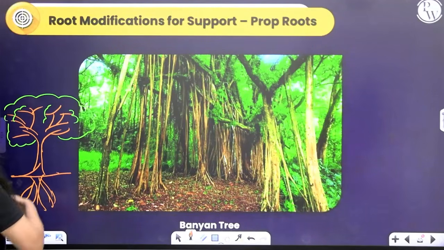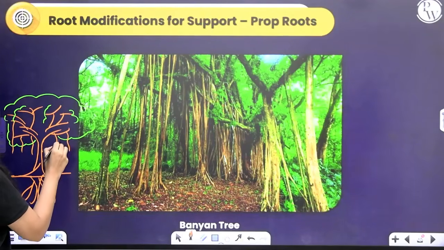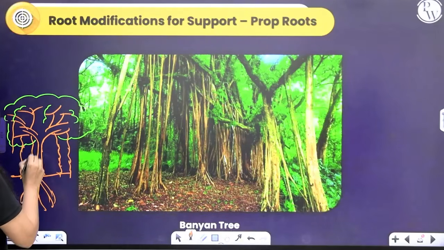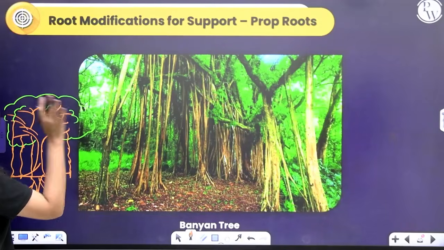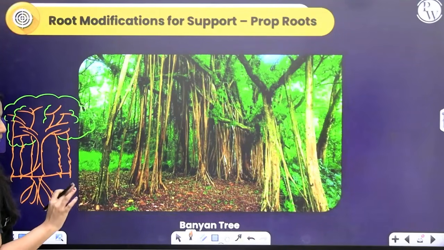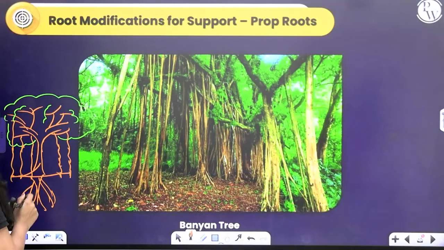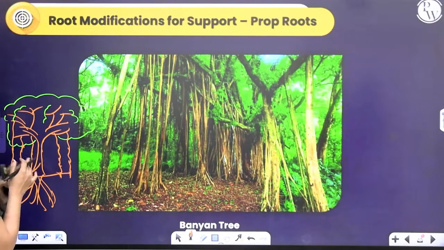So that is why the plant very cleverly will give out adventitious roots from its branches that will grow towards the soil, grow longer towards the soil and act like pillars and provide additional support to this huge tree which has a huge canopy. Okay, so that way these extra roots, adventitious roots that arise from the stems will provide mechanical support to trees like banyan trees.